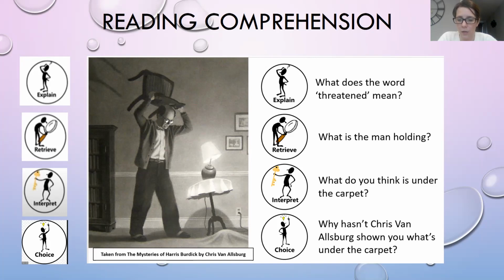I think for that last question, he hasn't shown us because he wants to make a little bit of suspense in the story, a little bit of excitement. So it's a bit of a mystery, and the book is called The Mysteries of Harris Burdick. So I think he wants it to be a mystery at the moment and to keep the readers engaged in the book.